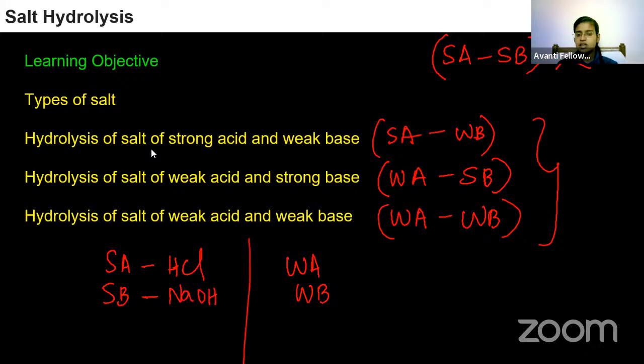The example for weak acid is CH3COOH, and the example for weak base is NH4OH. Please take down these examples in your notebook, otherwise when I use the terms strong acid, weak acid, strong base, you will get confused. So if I say strong acid, you should know I'm talking about HCl, as given in the slide. In your book also, the same thing will be followed.